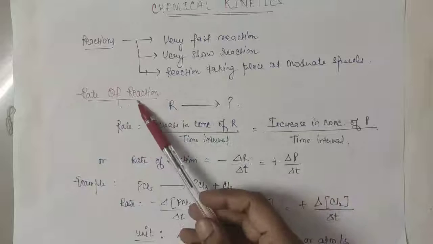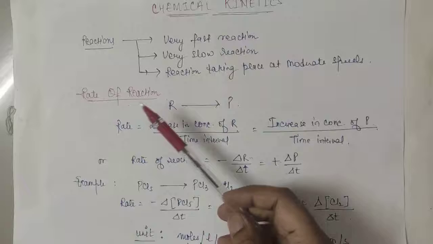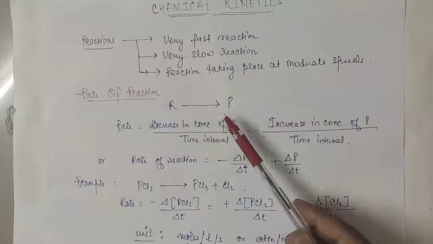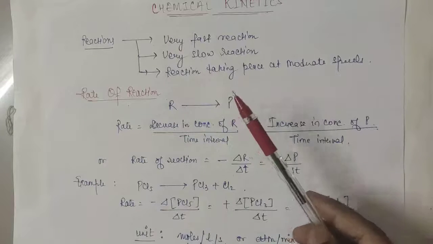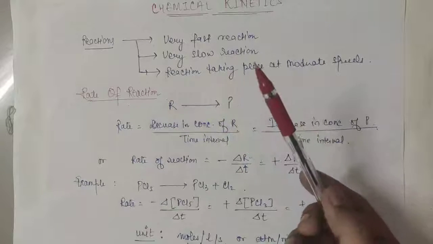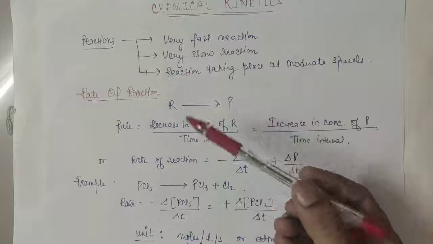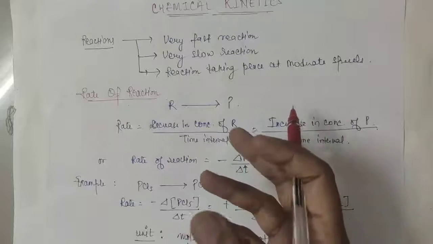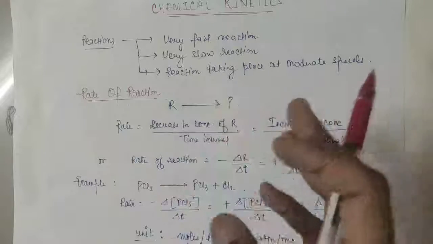Okay, let us see what the rate of reaction is. The rate of reaction means the speed with which a reaction takes place. Now consider this hypothetical reaction in which R is getting converted to P, that is product. Just as the speed of a vehicle or any object is expressed in terms of distance per unit time, you must have studied in the chapter motion in physics that speed is equal to distance upon time.